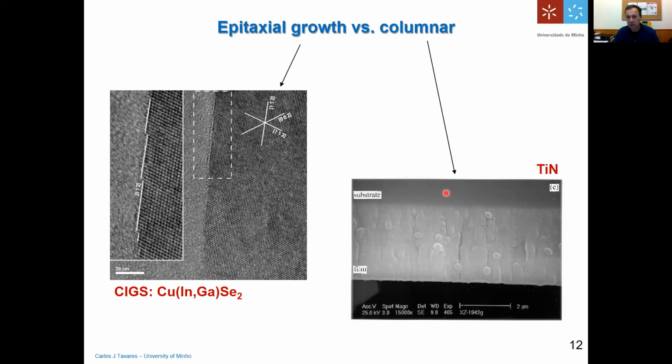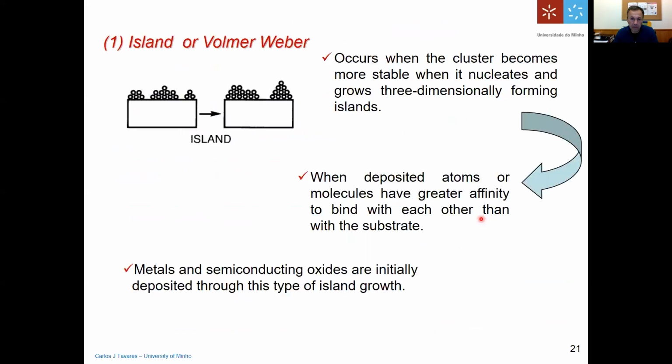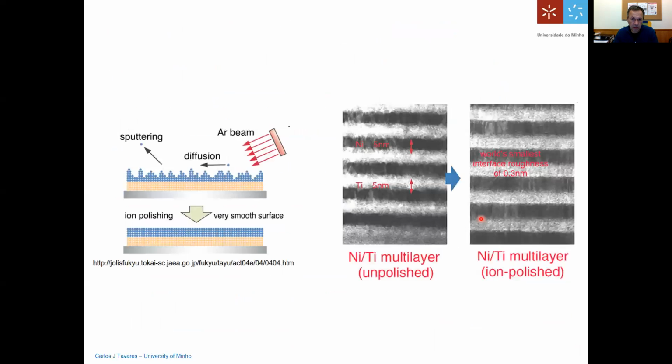And by doing this, there is less mismatch between the crystallographic constants or lattice parameters of the substrate and your thin film, and the induced stress will be less, and therefore you will have a better adhesion of the thin film to the substrate. So let's go back to what I was talking about.